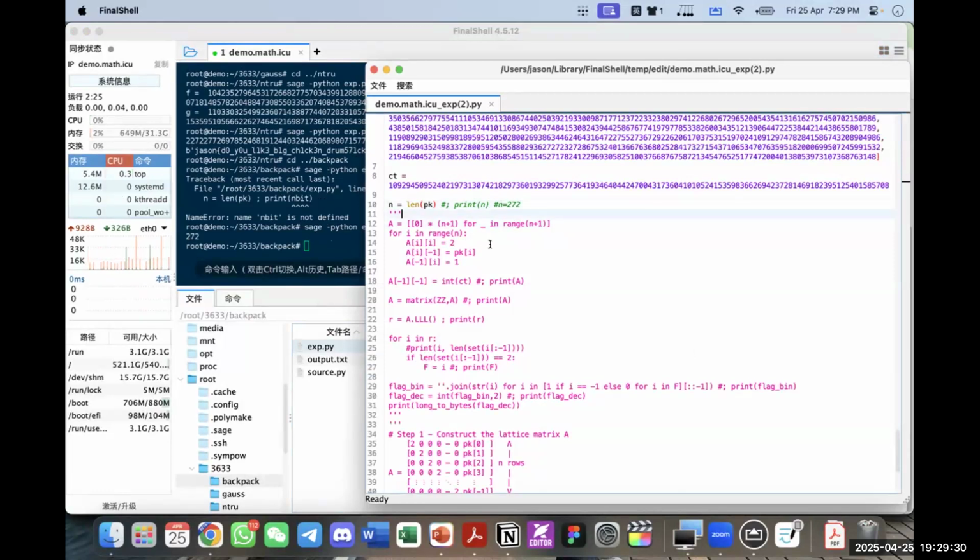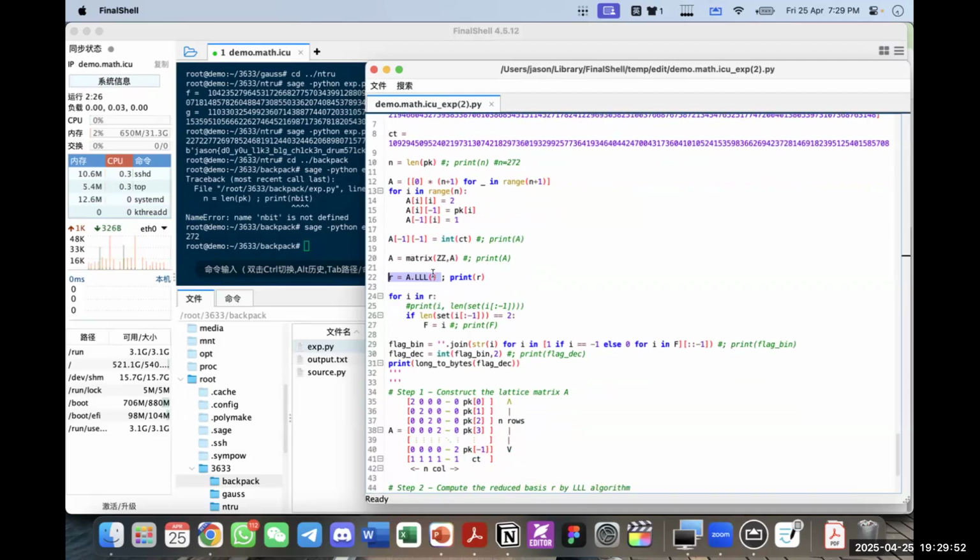For the next one, we just construct this matrix A. I think we don't print A because it should be a very, very long chunk. And then we perform the LLL algorithm on A, and maybe we can print the result to let you see.